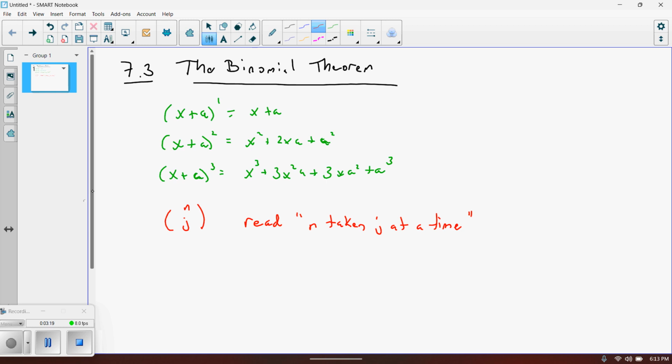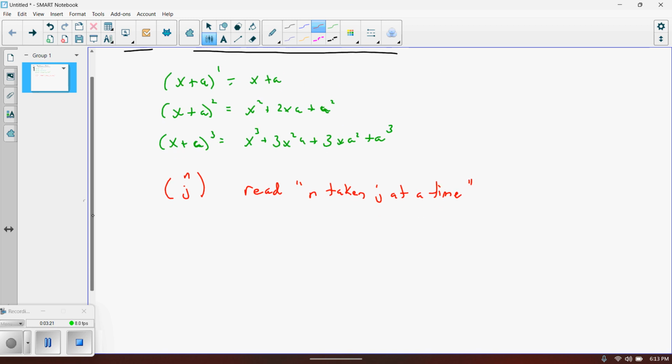So this is the definition of how it works. N things taken J at a time is defined to be N factorial divided by J factorial multiplied in the denominator by the quantity of N minus J factorial.